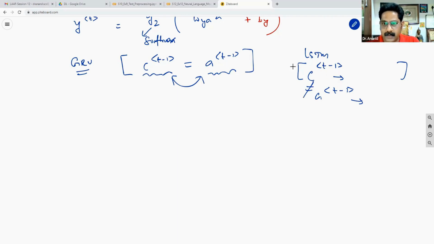In a broader sense, try to understand here C T minus 1 will be treated as equal to A T minus 1 in RNN. But in the LSTM, we have to maintain two different memory states. One is C T minus 1, another one we are going to maintain as A T minus 1.